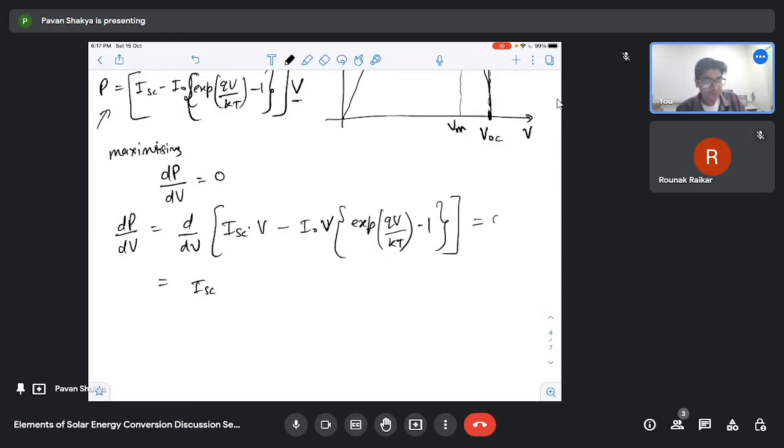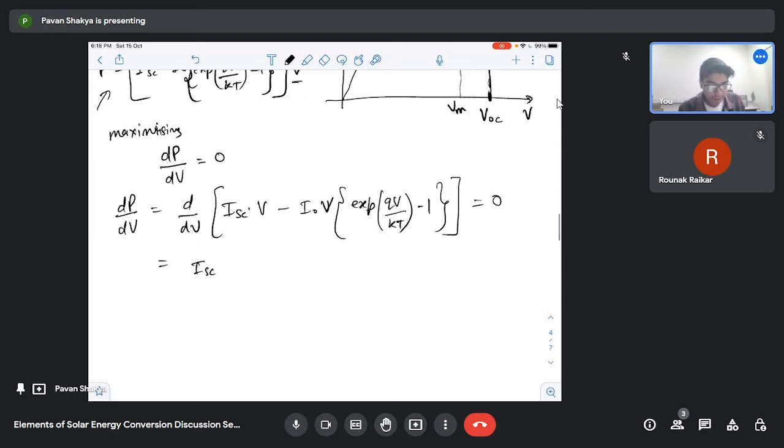Now if we differentiate this, this whole term will be equal to 0. The differentiation of the first term will be only ISC, and for the second part we write I naught, where we first differentiate for V and after that we differentiate the second term.